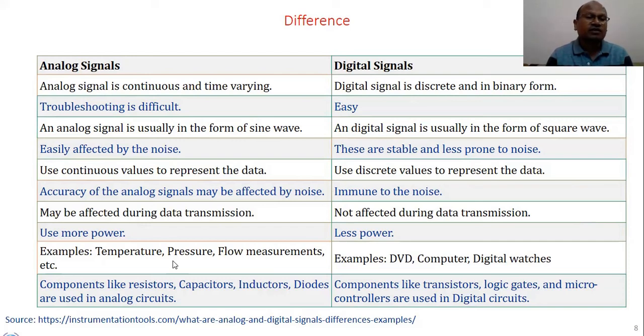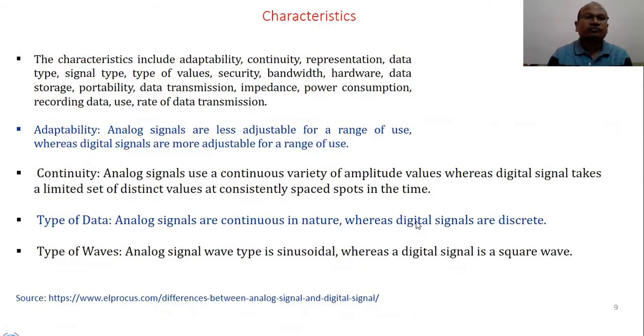Examples of analog signals include temperature, pressure, flow measurement, etc. The examples of digital signals are DVD, computer, digital watches. Capacitors, inductors, diodes are used in analog circuits, whereas transistors, logic gates, microcontrollers are used in digital circuits.